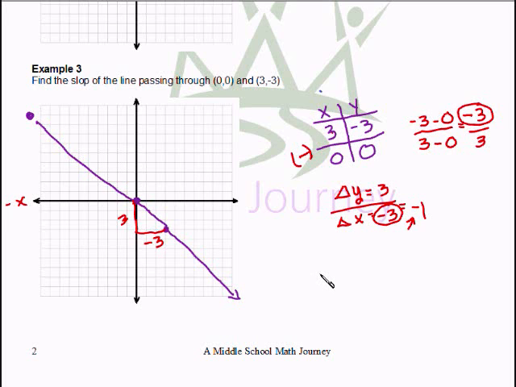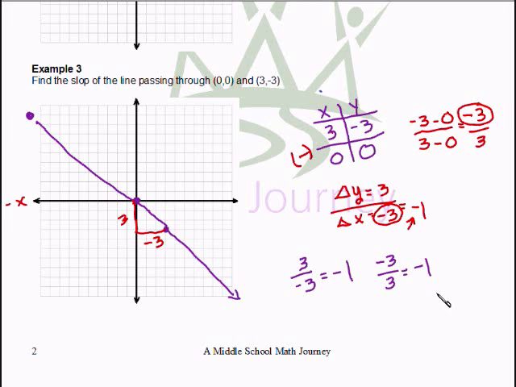It can be negative. So I can have 3 divided by negative 3. I still get negative 1. Try it on your calculator. I can have negative 3 divided by 3, and I still get negative 1. It doesn't matter. That's when your slope is going to be negative.